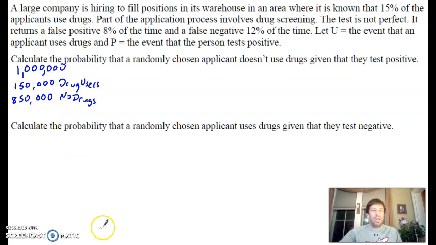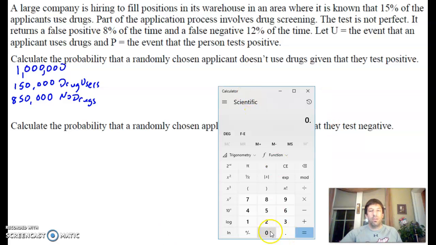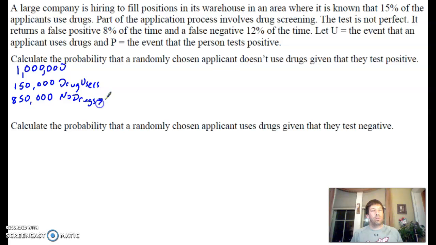So we need to know what's 8% of 850,000. 0.08 times 850,000 means 68,000 people out of these 850,000 are going to test positive. 68,000 test positive.